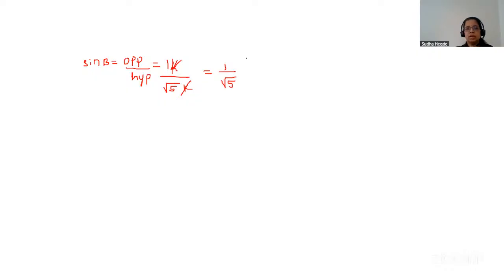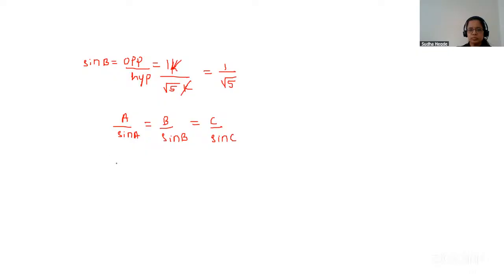Correct? Now, you have sine rule, like a by sine A is equal to b by sine B, that is equal to c by sine C. Correct?